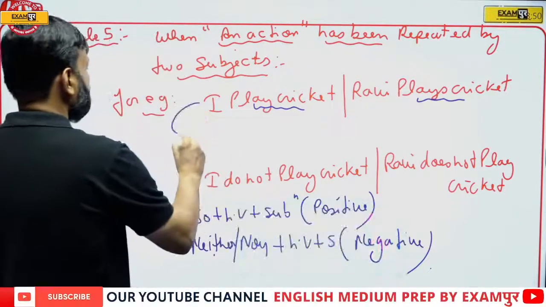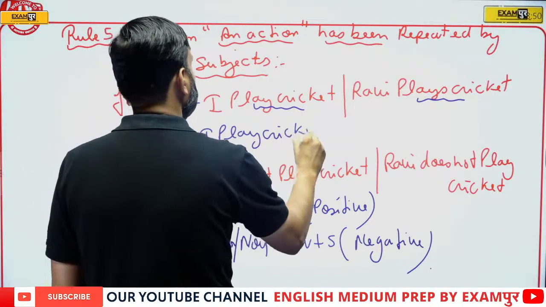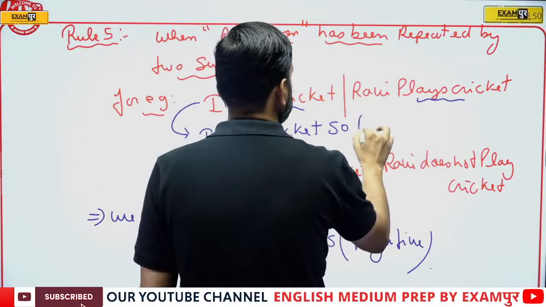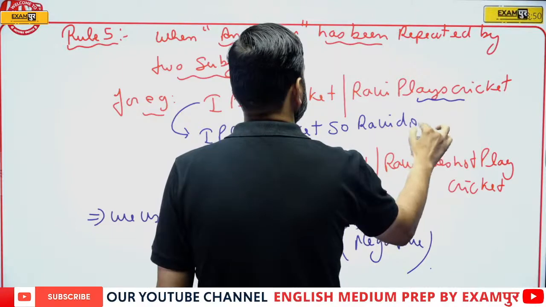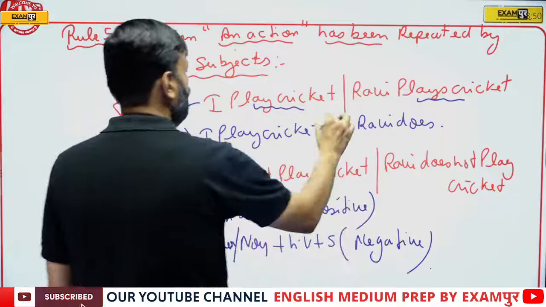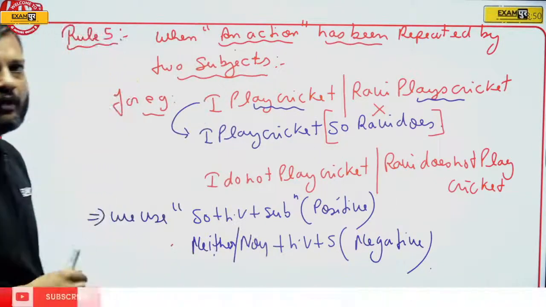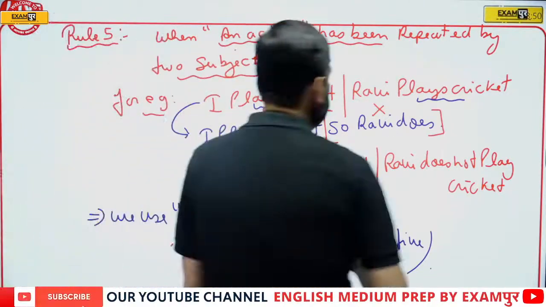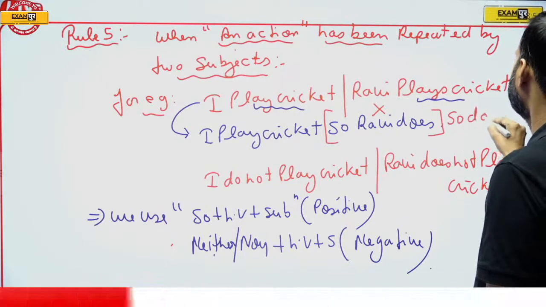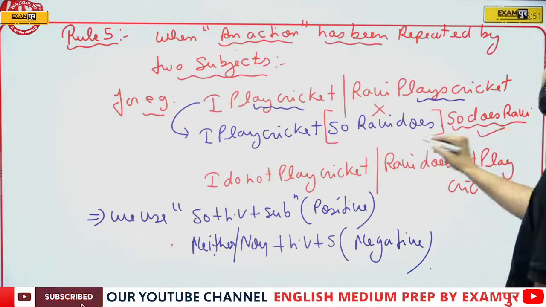So this sentence will become: I play cricket, so Ravi does. Here if you write so Ravi does, it is wrong, because in this condition the verb has to be inverted. So in place of Ravi does, we need so does Ravi. So does Ravi is correct.